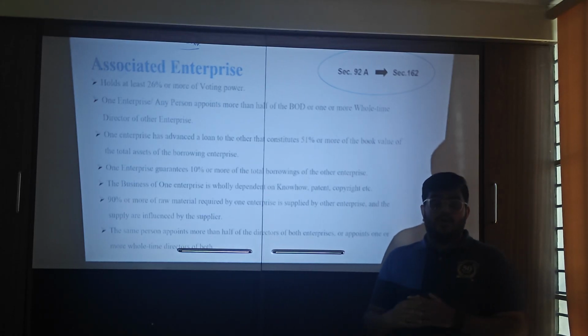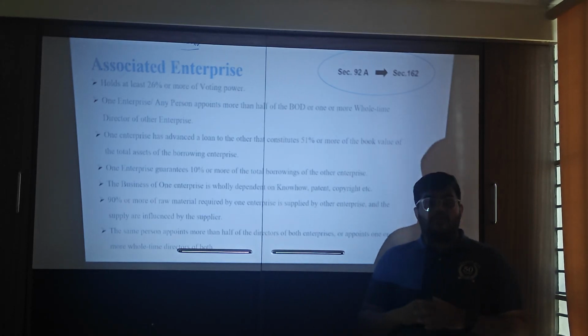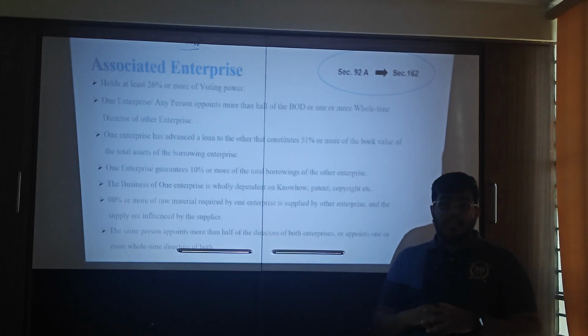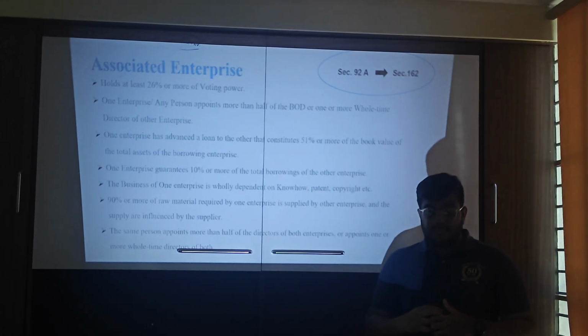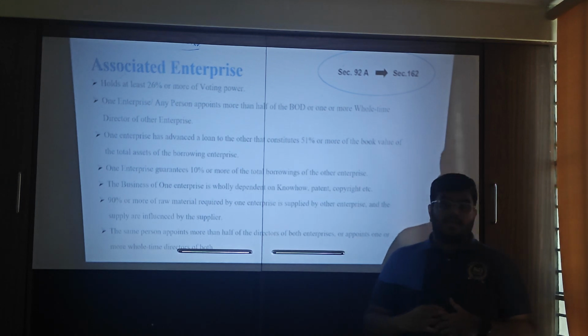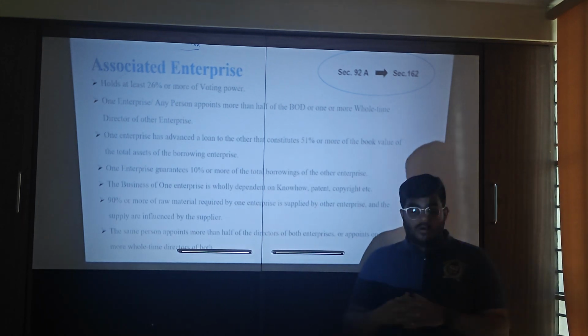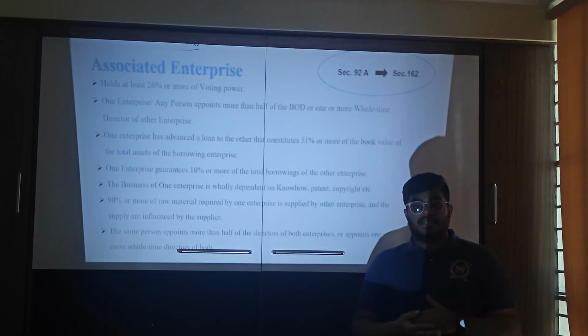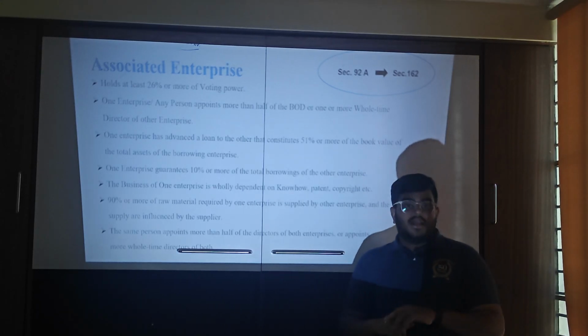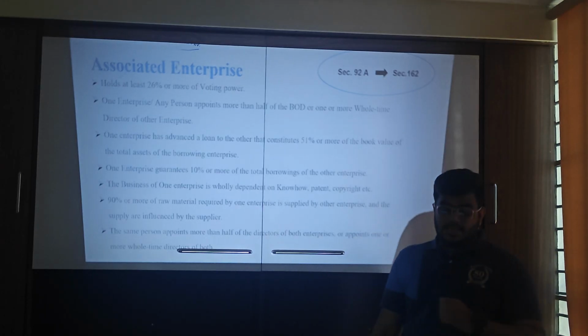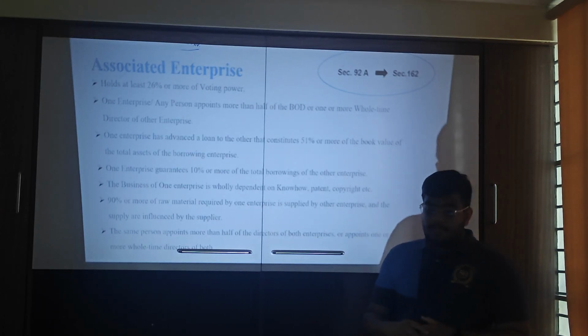Similarly, if any person holds 26% or more of voting power in both enterprises, then they will be deemed associated enterprises. For example, if Mr. Ratan Tata holds a 30% share in TCS and 40% in Tata Motors, then the transaction between Tata Motors and TCS will also be termed as between deemed associated enterprises.